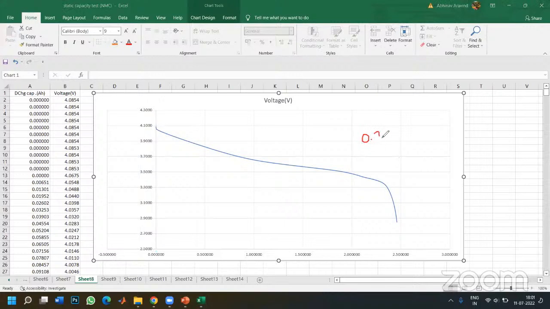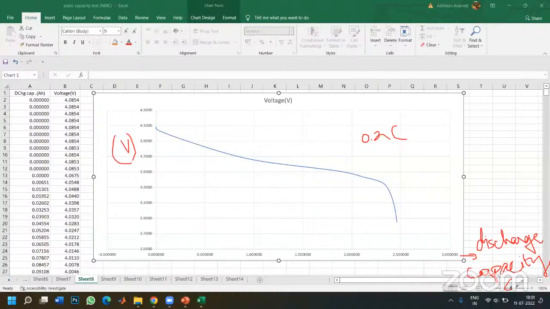Okay, so whatever graph you see here, this is basically the voltage versus discharge capacity. Whatever y values you see here will be voltage, and here this will be discharge capacity, in amperes.